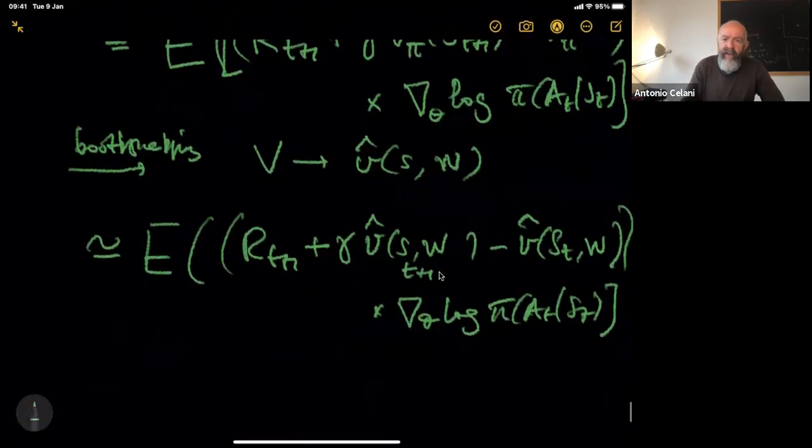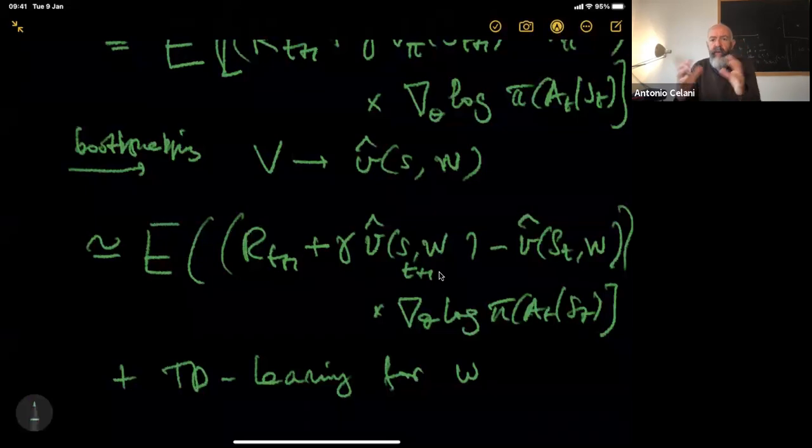Now, if I combine this with temporal difference learning for the parameters of the value, then I have a complete algorithm which goes under the name of actor critic.